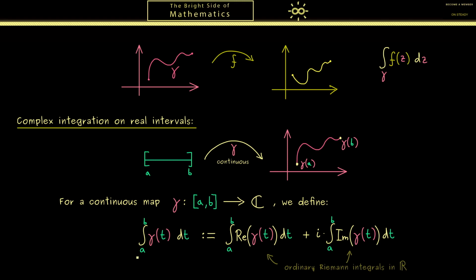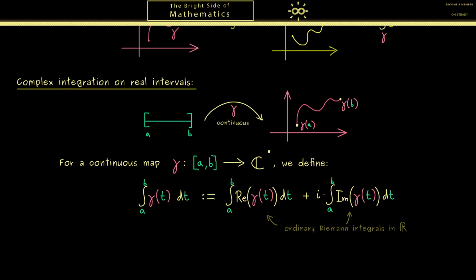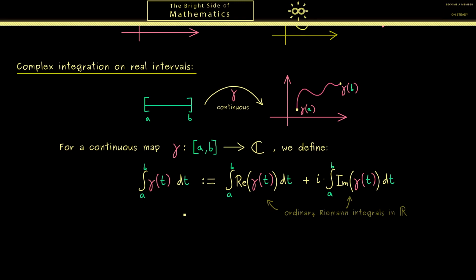Moreover, we also find the usual calculation rules for this integral, such as linearity, which simply means we can pull out scalars and sums. However, on the other hand, you might remember that for the Riemann integral in R, we have something like monotonicity. Now, since the complex numbers don't carry an order like the real numbers, we can't have it for this integral.